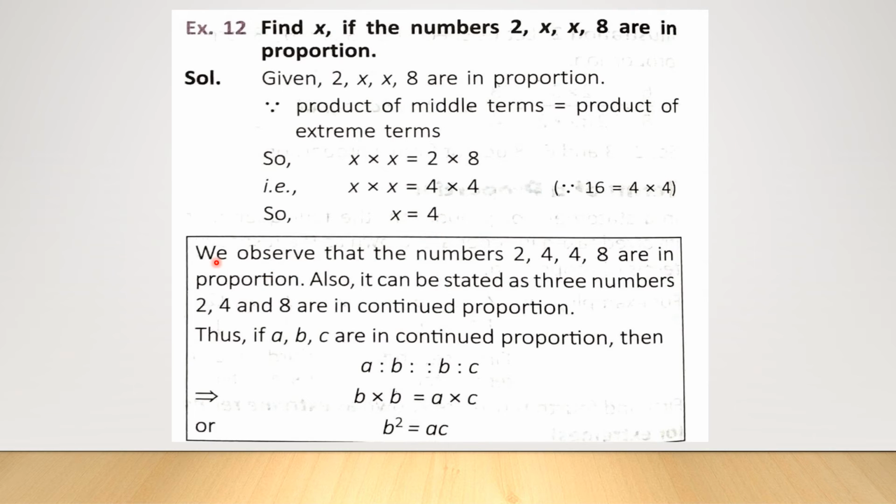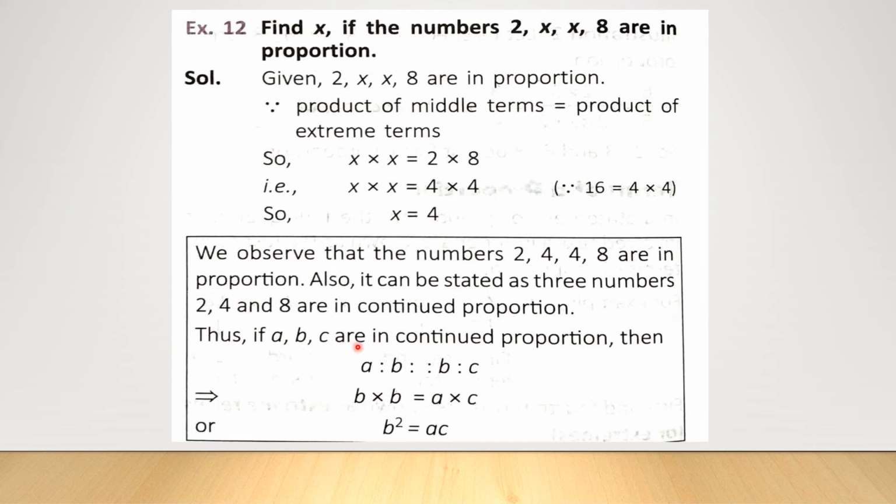What we observe is that the numbers 2, 4, 4, 8 are in proportion. It can also be stated as three numbers 2, 4, 8 are in continued proportion, because 4 is the mean term. When they are in continued proportion, we can repeat the mean term, 4.